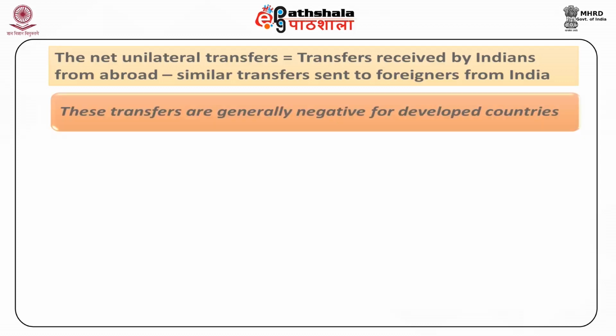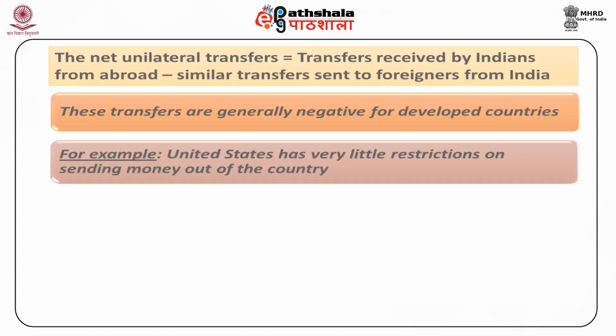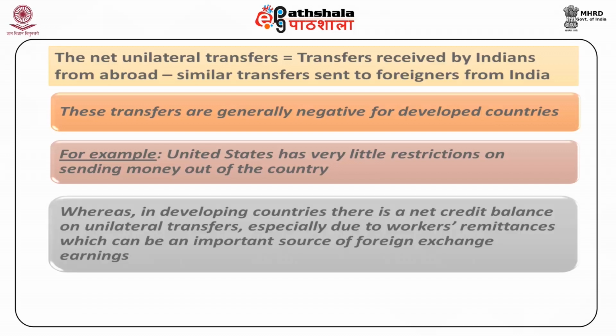These transfers are generally negative for developed countries such as the US, as it has very little restrictions on sending money out of the country, whereas in many developing countries there is a net credit balance on unilateral transfers, especially due to workers' remittances, which can be an important source of foreign exchange earnings.